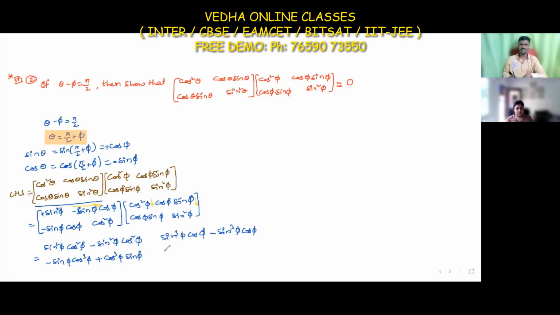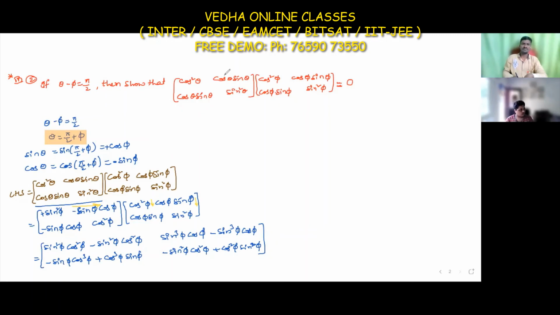Minus into plus minus sin into sin square phi, and cos into cos square phi. Plus cos square phi into sin square phi.